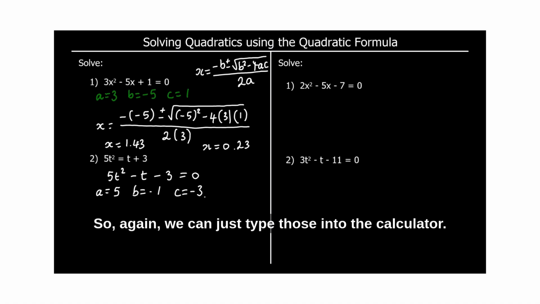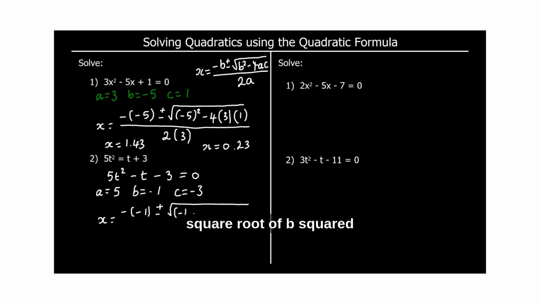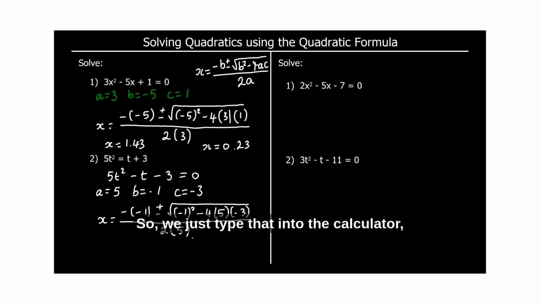So again, we can just type those into the calculator. So it's x equals minus b plus or minus the square root of b squared minus 4 times a times c all over 2a. So we just type that into the calculator and we get out the answers.